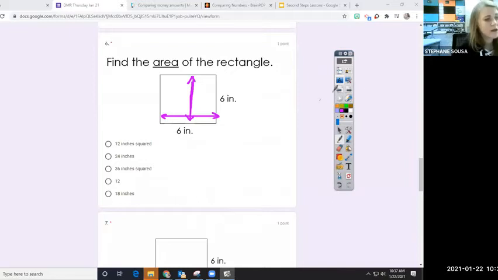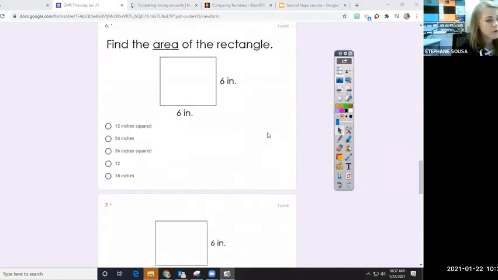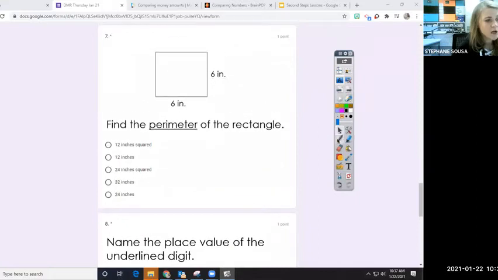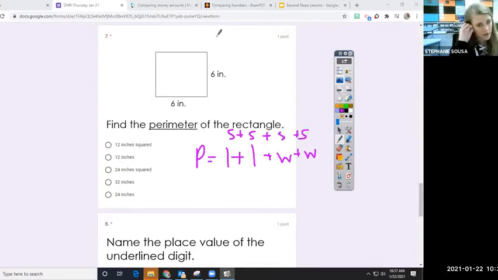All right. Now we're working on that perimeter. And as we just talked about, perimeter is where you add the length, the length plus the length plus the width plus the width. Some people call this side plus side plus side plus side. Either one is correct, okay? So we are working on the perimeter of the rectangle.